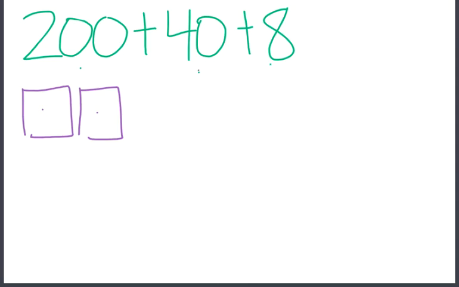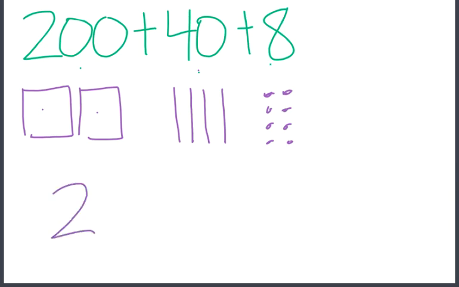Plus 40, that's 4 tens, 10, 20, 30, 40, and 8. 1, 2, 3, 4, 5, 6, 7, 8. 8 cubes. What number did we make? 248. What digit is in the hundreds place? 2. 200.